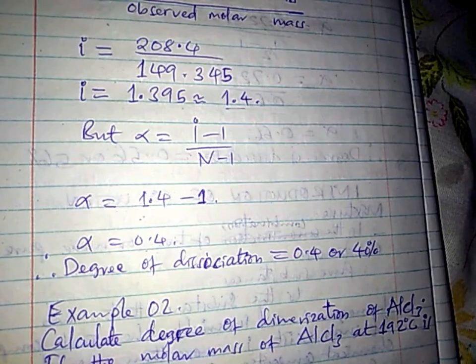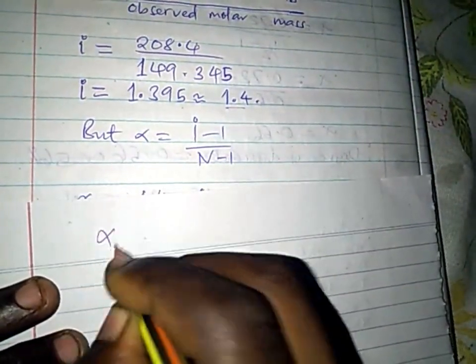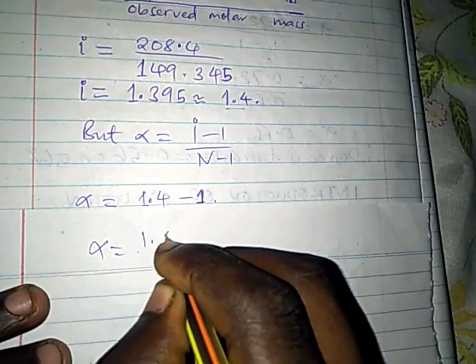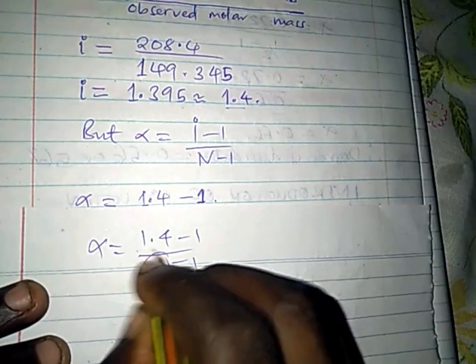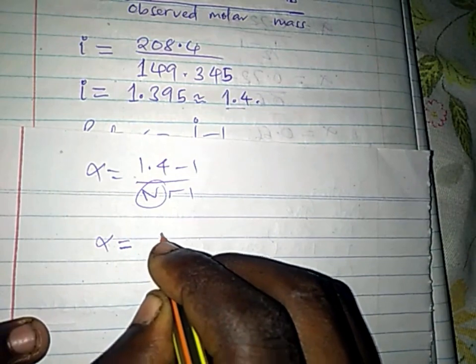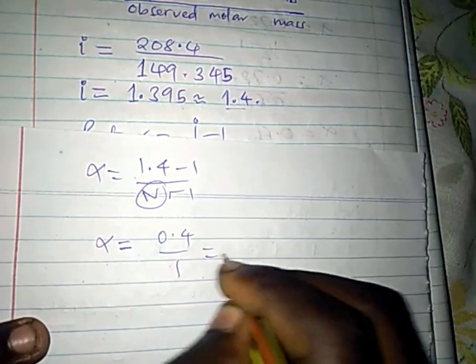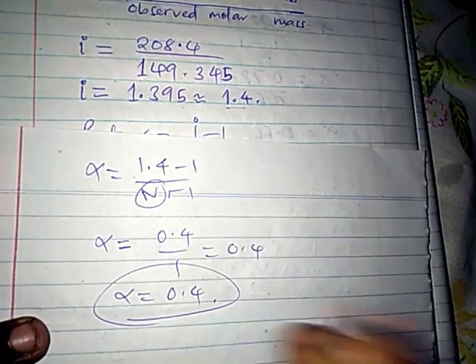Now the degree of dissociation alpha, as we said, alpha will be equal to Van't-Hoff's factor 1.4 minus 1 divided by n minus 1. So as I said, n is equal to 2, so degree of dissociation itakuwa 0.4 divided by 1, that is 0.4. So degree of dissociation is equal to 0.4.